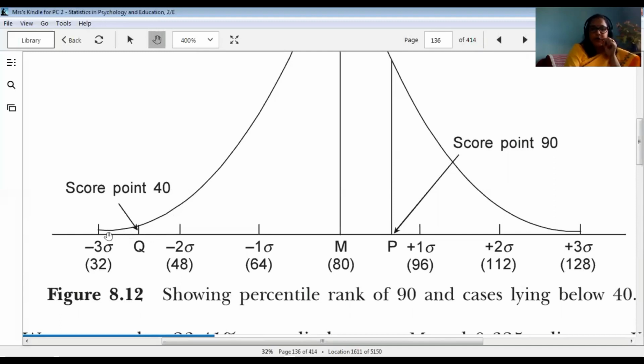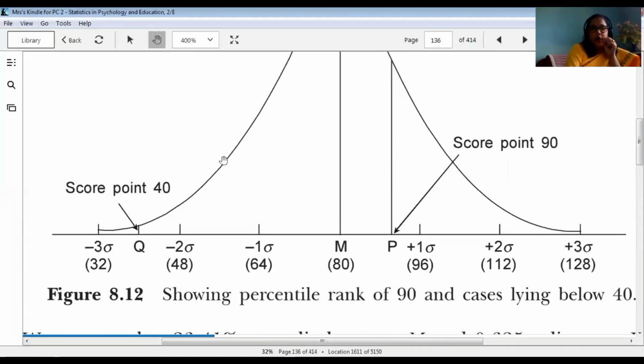So what we did here is that we subtracted 49.38, this portion, from the whole area of 50%, as we all know about the 50% cases in the normal curve.